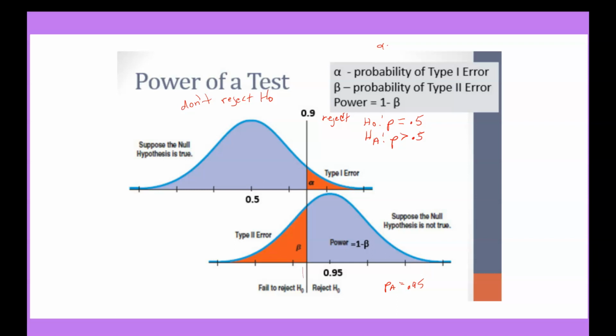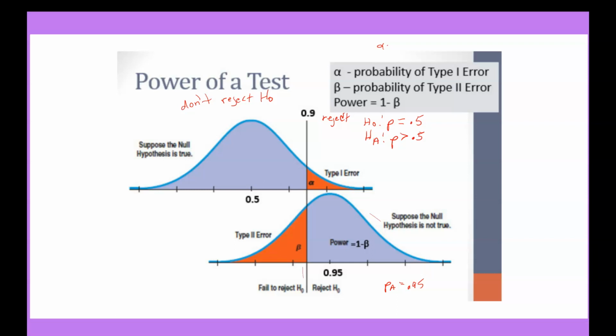So if I'm correctly rejecting my null hypothesis, that represents the power of the test. If I fail to reject and my null hypothesis is false, well, that's my type 2 error. So we can see the complementary relationship between the power of the test and the type 2 error.